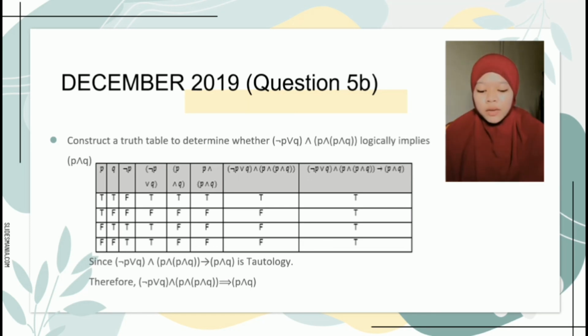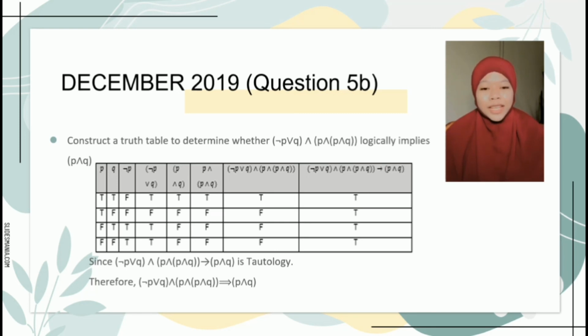So next is P and Q in the bracket. Also the same as P and Q, we get true, false, false, false. Same with negation P or Q and P and Q, we get true, false, false, false.